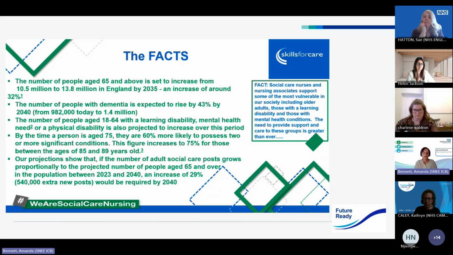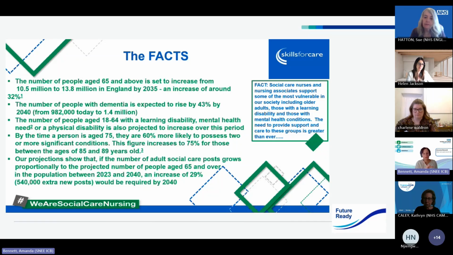And then looking at the long-term health conditions of older people, by the time a person reaches the age of 75, they are 60% more likely to possess two or more significant conditions, and that increases to 75% for those between the ages of 85 and 89 years old. So this is from Skills for Care.